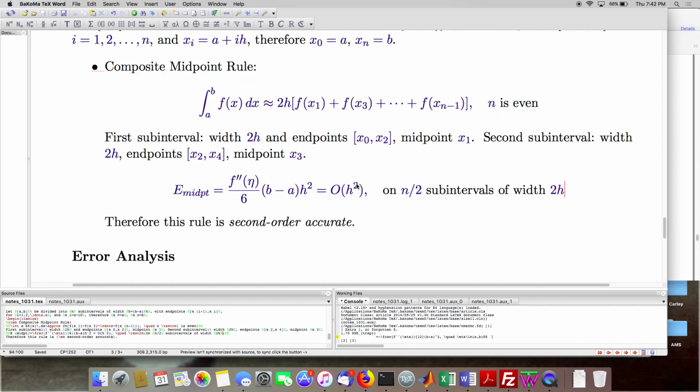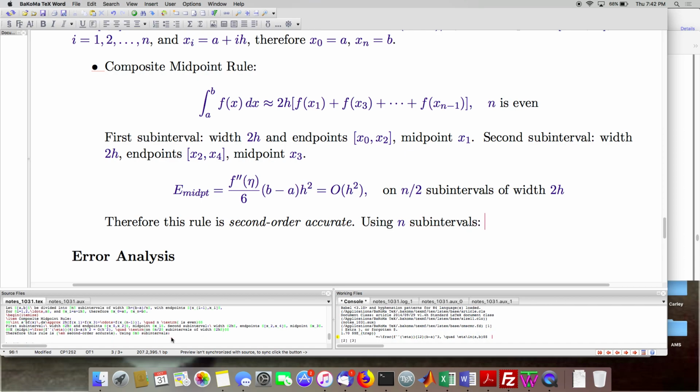But the rule can be redefined in such a way that using n subintervals, what we have is the exact integral is equal to this midpoint rule.